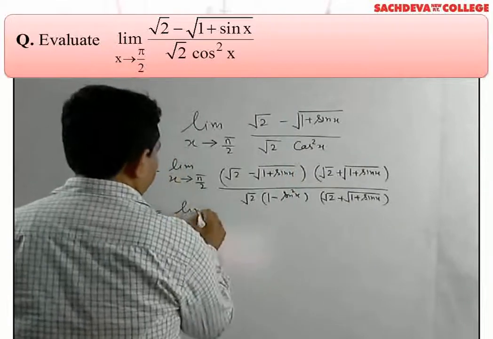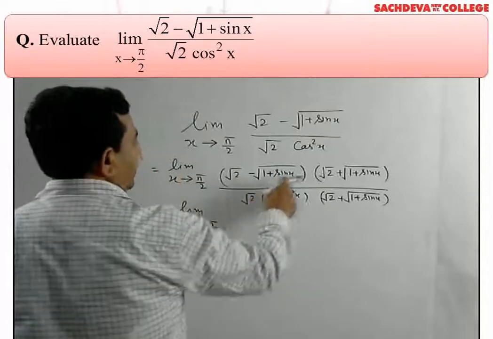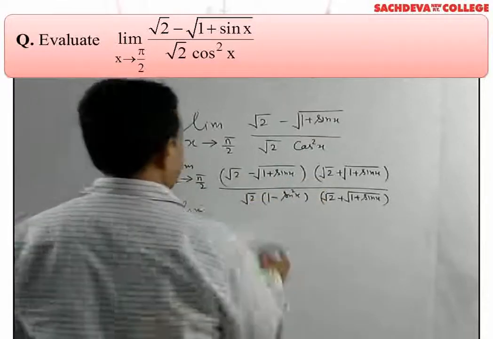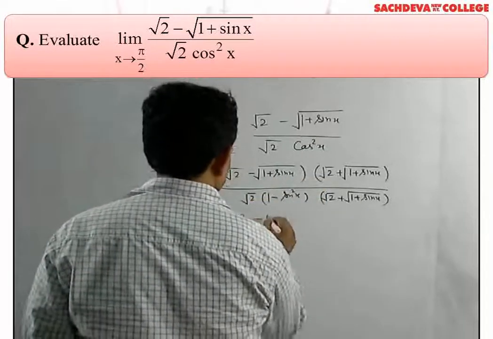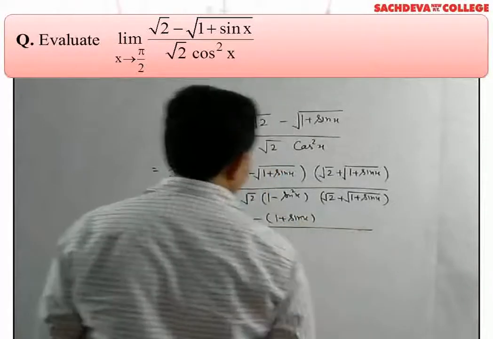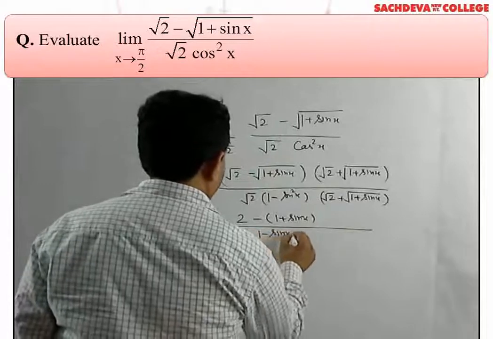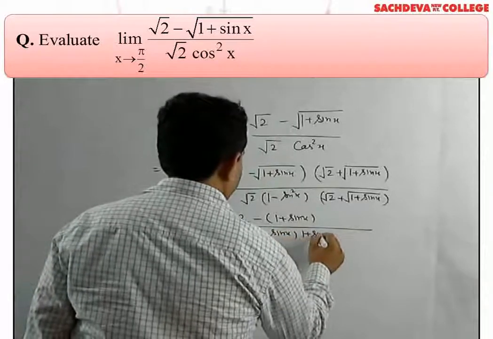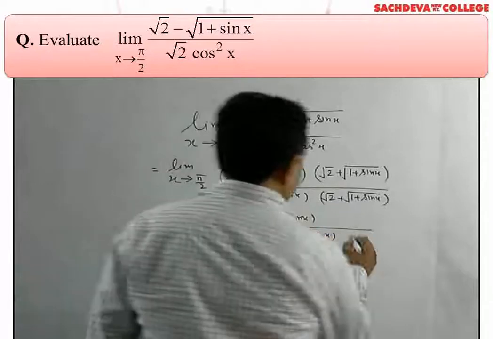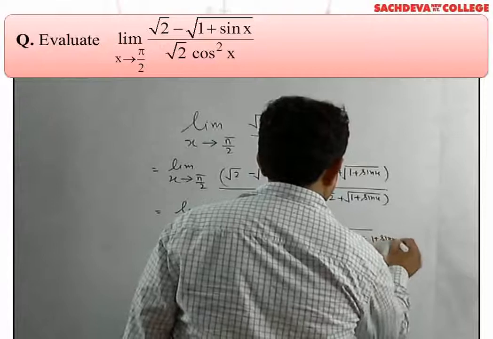So limit x tends to pi by 2, (a minus b)(a plus b) is a square minus b square. It means this will be (2 minus (1 + sin x)) divided by root 2 into (1 minus sin x)(1 plus sin x) into (root 2 plus root(1 + sin x)).